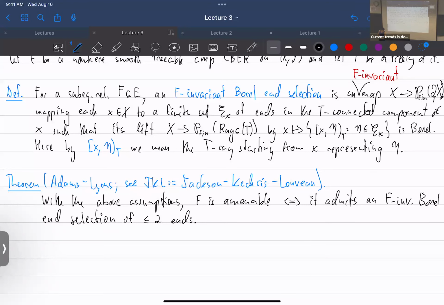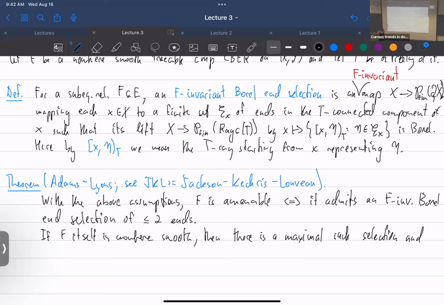If F itself is nowhere smooth, then there is a maximal such selection, and it's unique up to null sets.